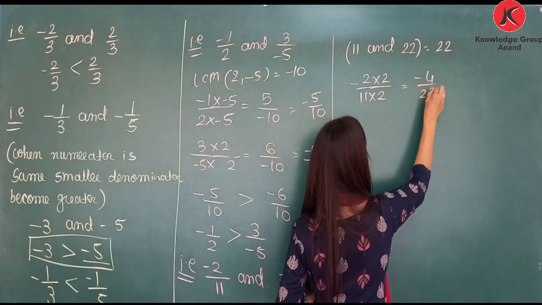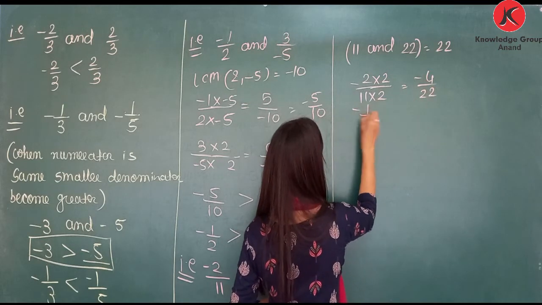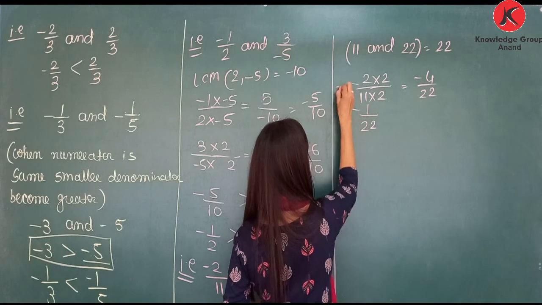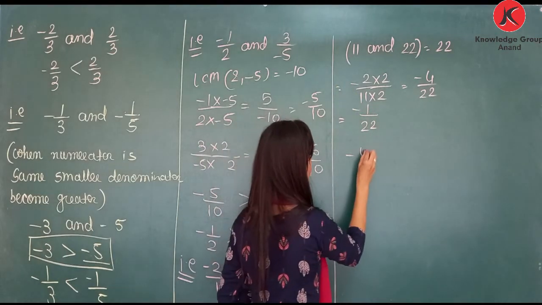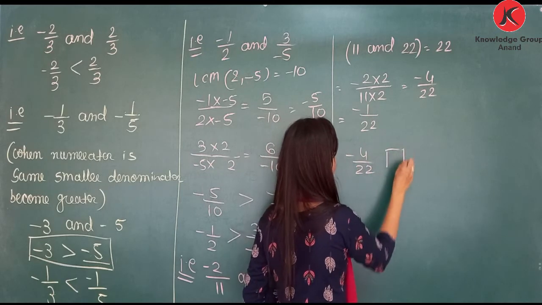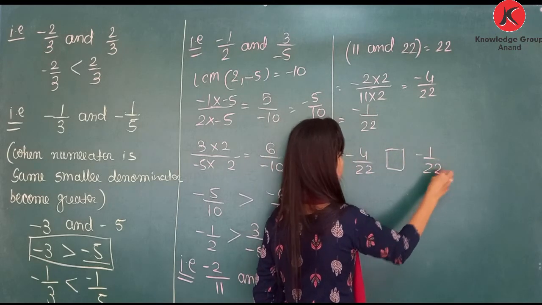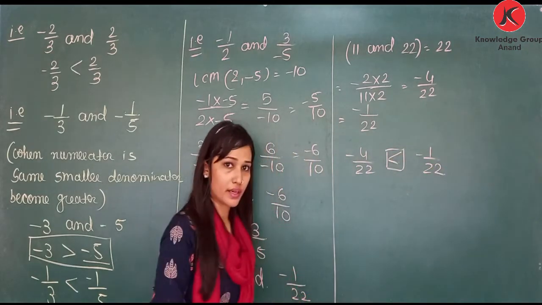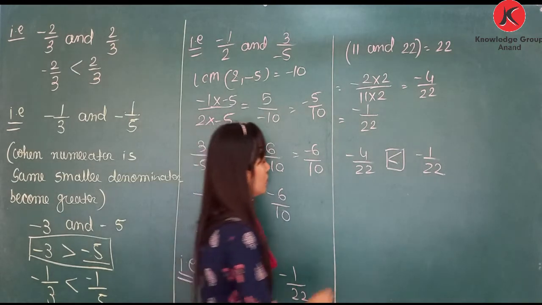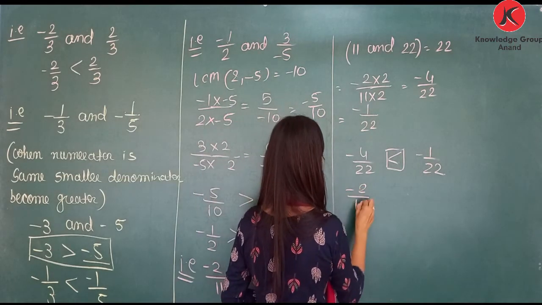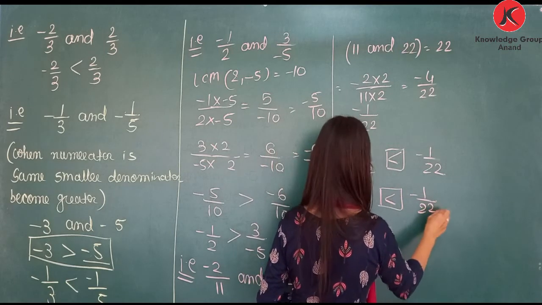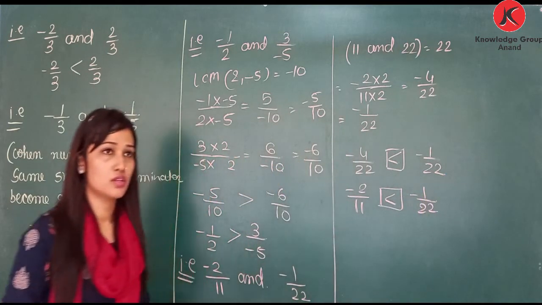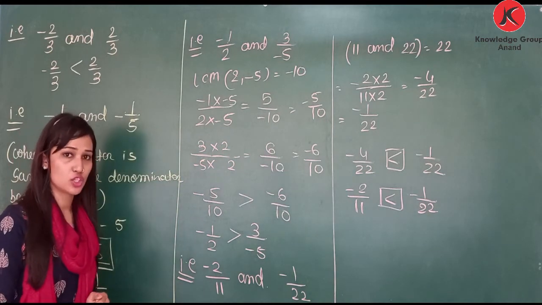That is minus 4 by 22. And here we already have a minus in the denominator 22. Compare the numerators. Minus 1 is greater. So that's why minus 2 by 11 is less than minus 1 by 22. This is the way we can compare rational numbers.